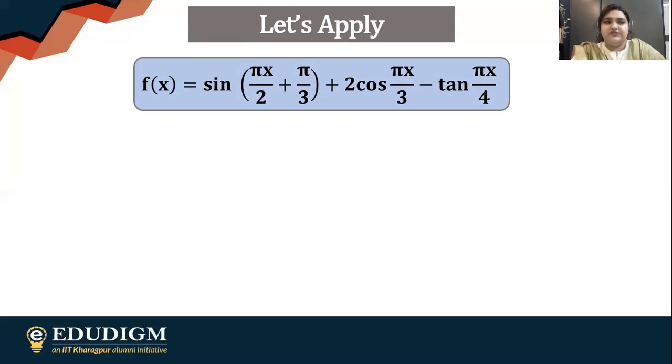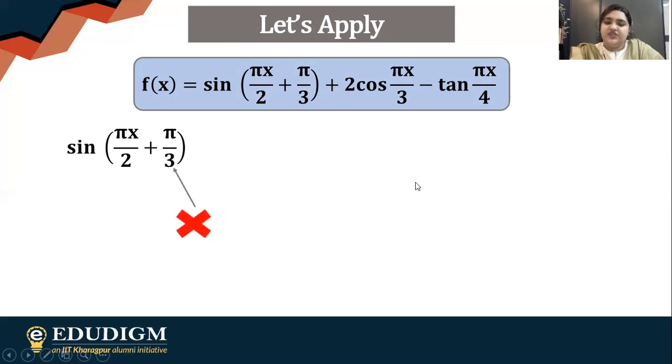What we do is very simple, look at each and every component separately. Start with this one. This is of the form ax plus b, and this b has no contribution at all. The contribution will be from a. Sine has the period 2 pi, so this will be 2 pi divided by pi by 2. You remember that was T by a, so this is 4.